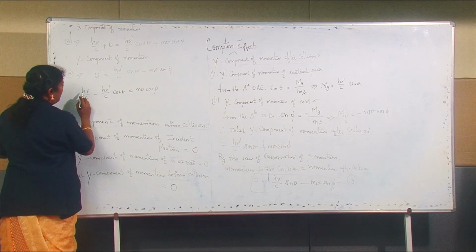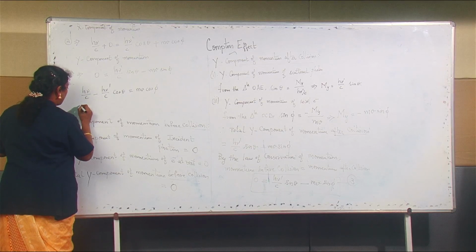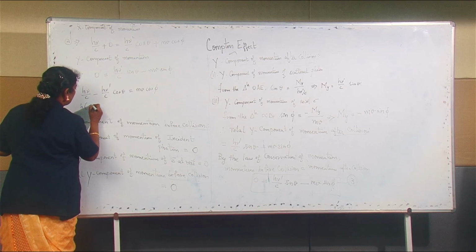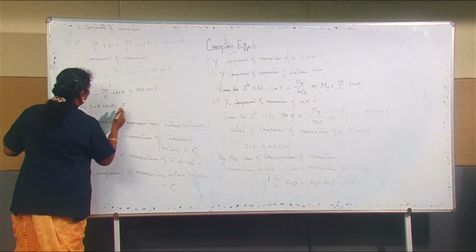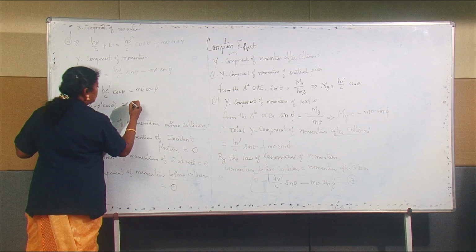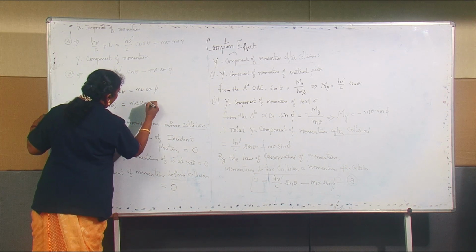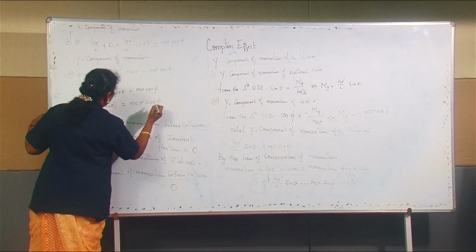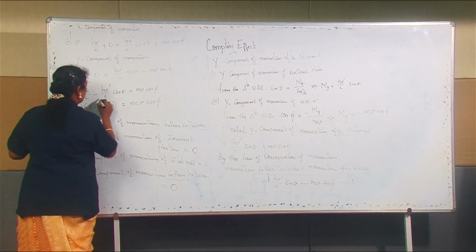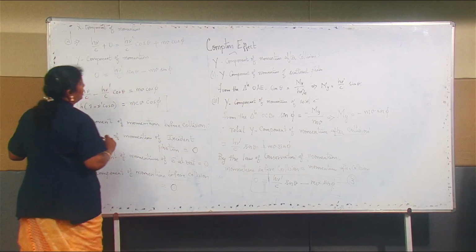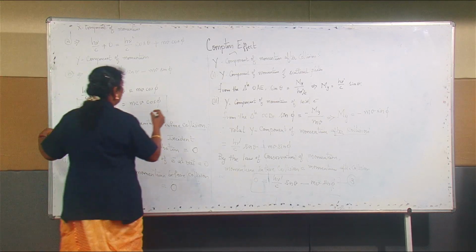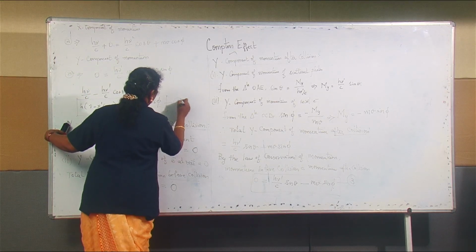And what are the common terms we have? h by c, h by c. So we can take it outside: h into nu minus nu dash cos theta is equal to, and the c can be moved that side, so mcv cos phi. Now this is the rearranged second equation. It is called the fourth equation.